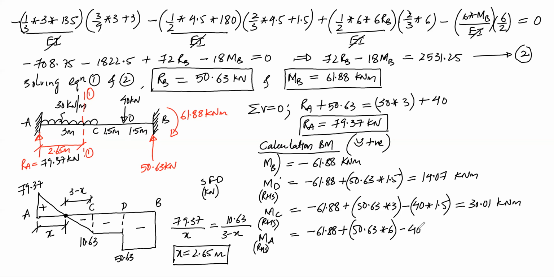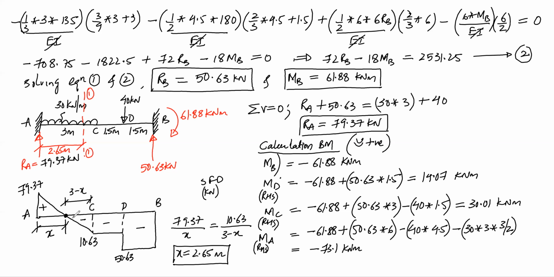So minus 40 into 4.5, and due to UDL it will be 30 into 3 into half of 3, which will be hogging. So it is minus 30 into 3 into 3 by 2. This is calculated as minus 73.1 kilonewton meter. These are the moments at various points.